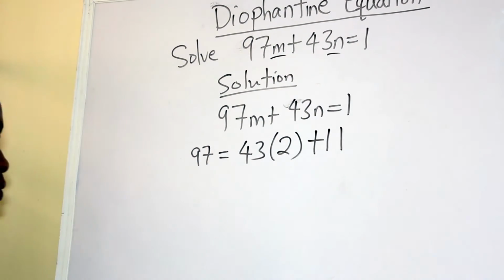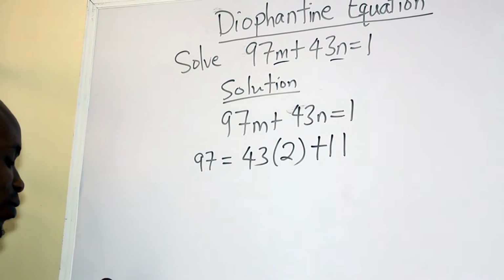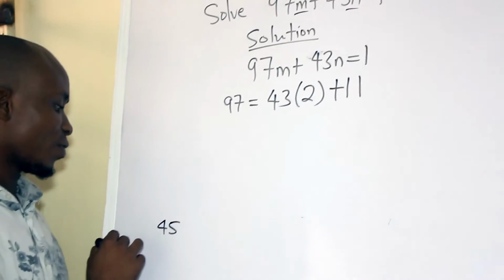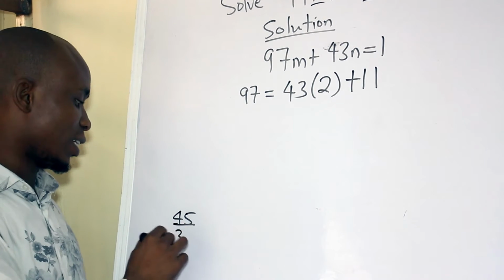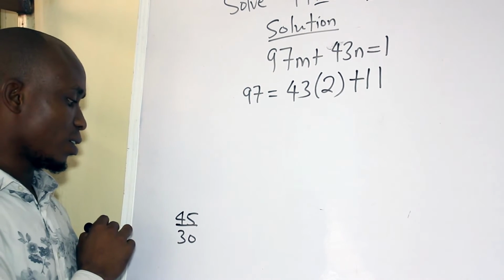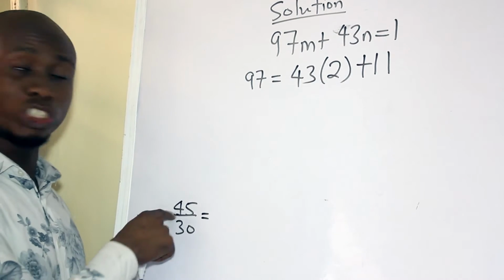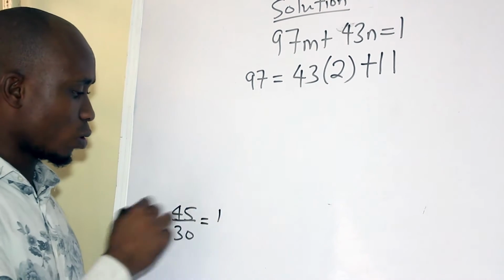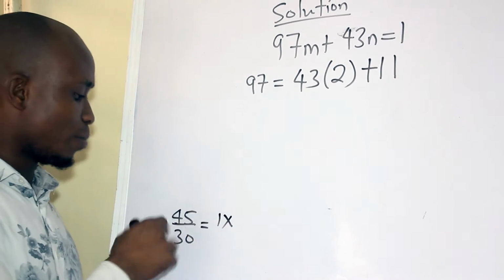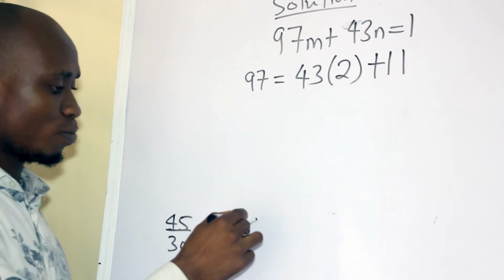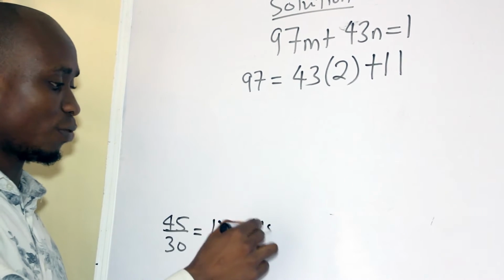Let me give an example. Now, when we have 45 divided by 30, okay? Now, when we do this division, the quotient is going to be 1 multiplied by the divisor plus the remainder, which is 15.